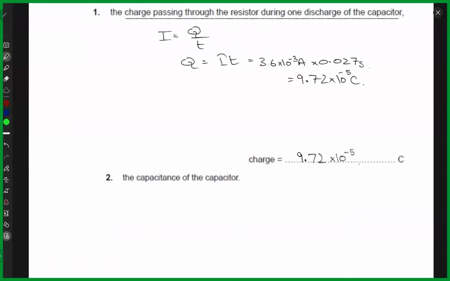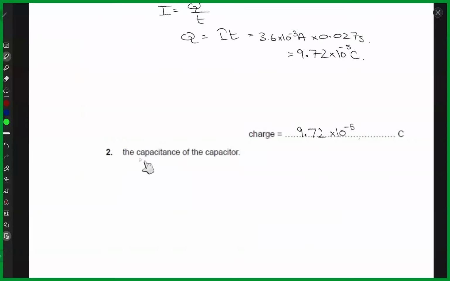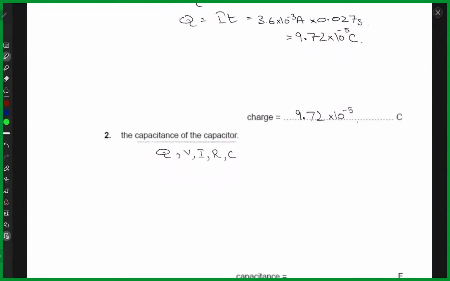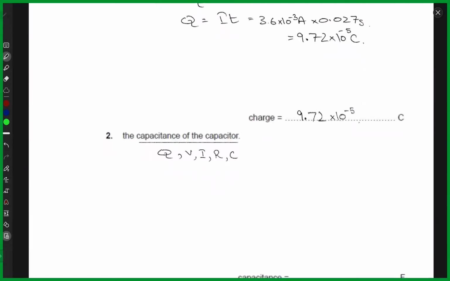Okay. So next, we just have to compute the capacitance of the capacitor. We have everything with us now. We have Q, we have V, we have I, we have R. All these variables are known. We want to find C. If you want to find C, the capacitance, we'll just use the first principal equation of capacitor, which is Q is equal to C times V, right?